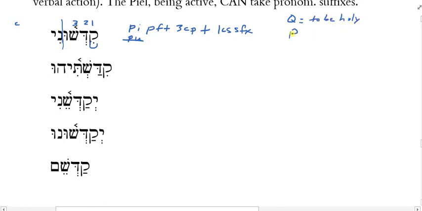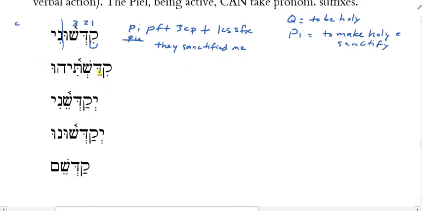And in the Piel, it means to make holy, which is to sanctify. Okay? So how would I translate this? Piel perfect 3CP is they what? They sanctified. And whom did they sanctify? The ni is me. Okay? They sanctified me. Kiddashu, they sanctified. Kiddashuni, they sanctified me. All right.